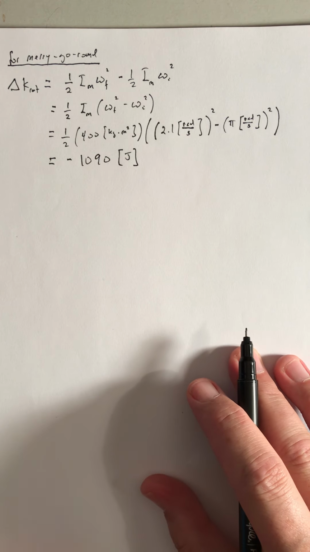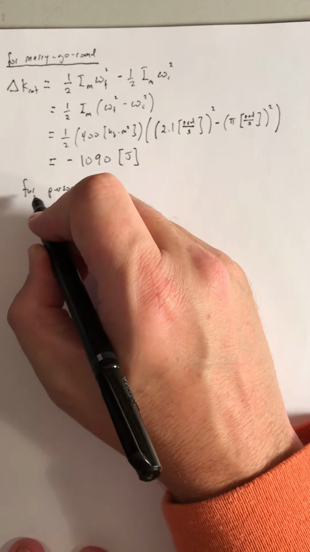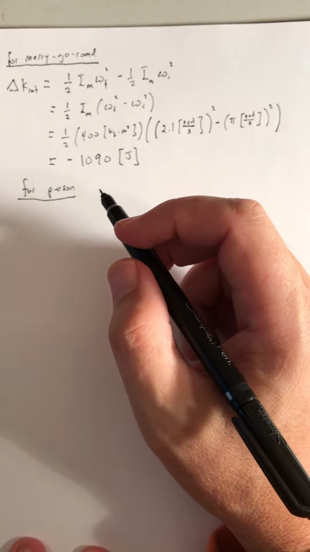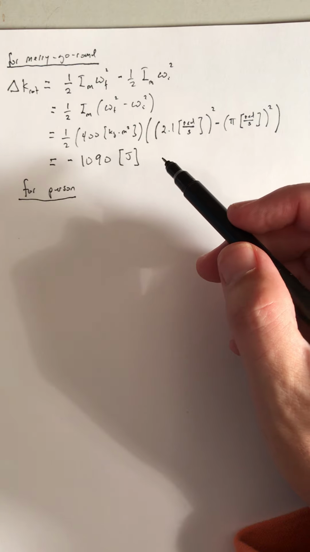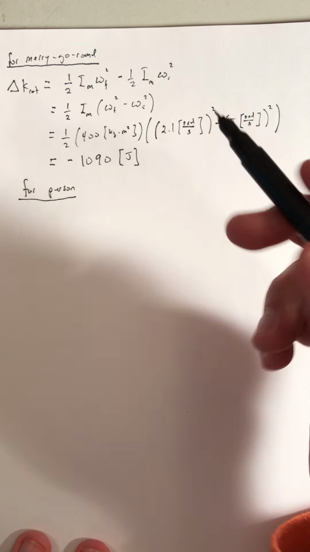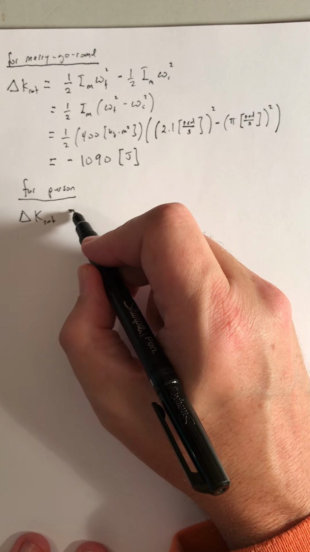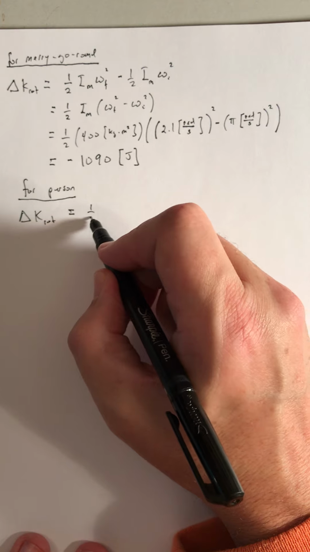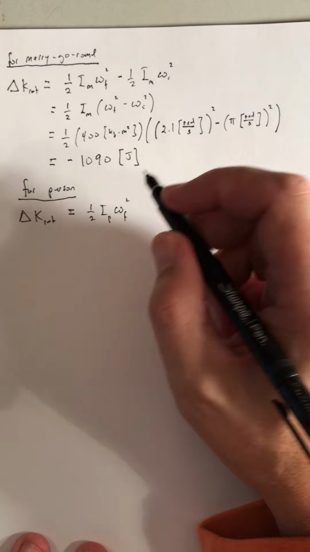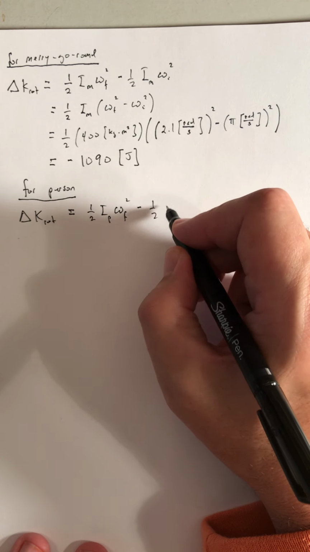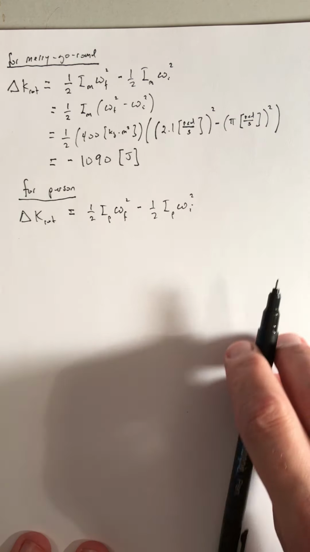Now what happened for the person? If kinetic energy was preserved, then that person would have gained 1090 joules, right? So let's look at what actually happened. So a half rotational inertia of the person, omega final squared, minus a half rotational inertia of the person, omega initial squared.